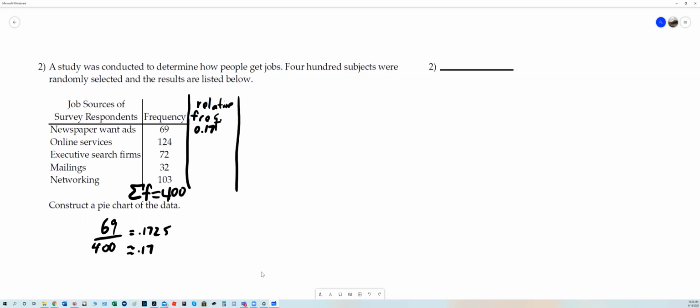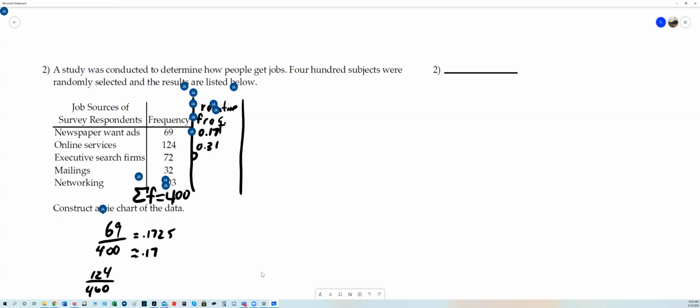And then you continue doing this for the rest. You take 124 and divide it by 400. So 124 divided by 400, that's 0.31. And you take 72 and divide it by 400, and that's 0.18.